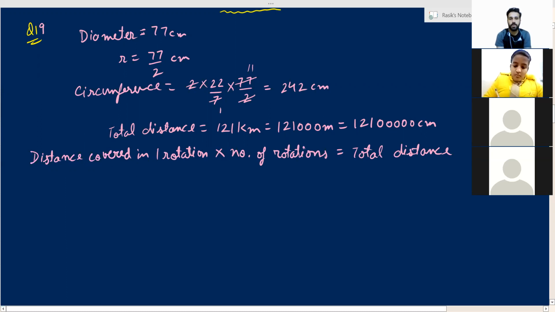So here the distance covered in one rotation is the circumference, 242. Let the number of rotations be x. This is what we have to find out in the question. Total distance is already given in the question.